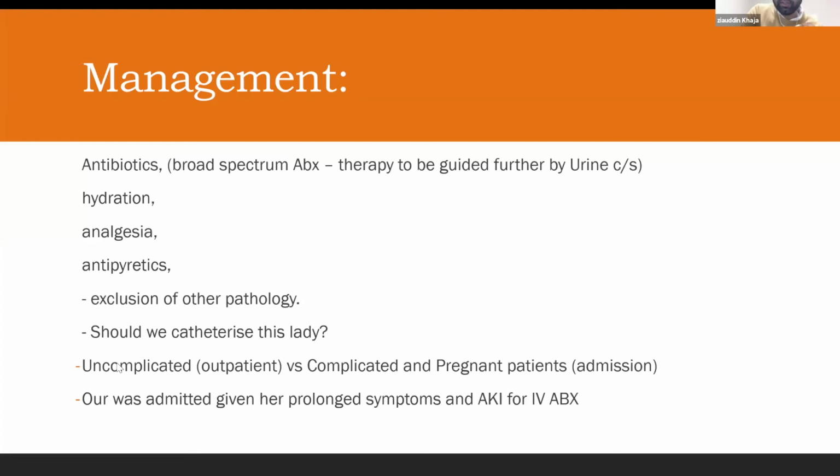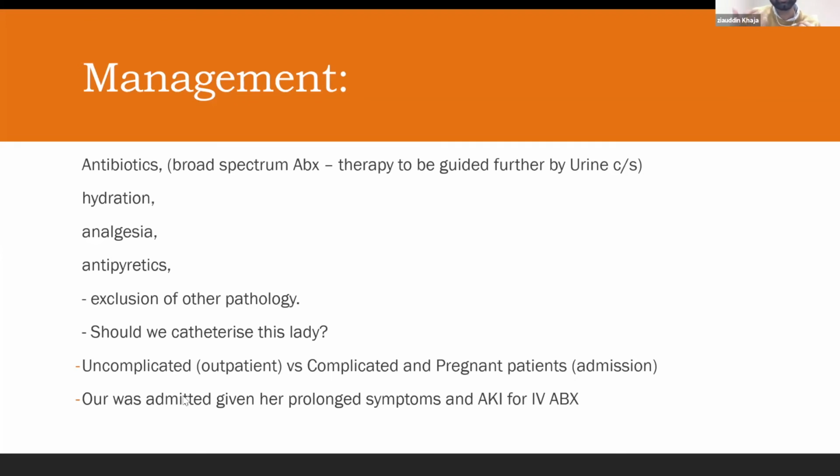So another thing to think about here is an uncomplicated patient versus a complicated patient. If it's an uncomplicated patient, does not have many comorbidities, is not pregnant, and is improving with your initial treatment, you can send them home. Although the presentation might have been sepsis, still consider the mental status and the overall picture of the patient.